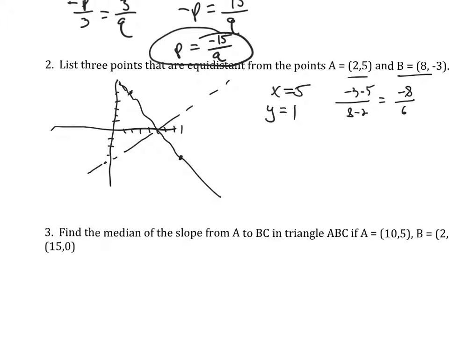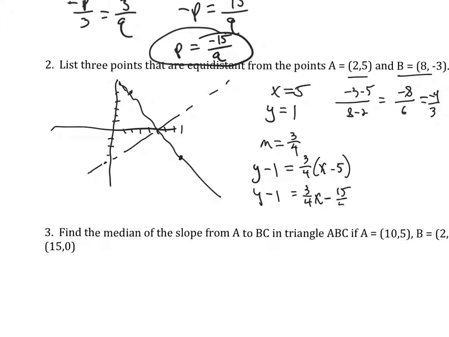So we have a slope of -4/3, and our perpendicular line is going to have a slope of 3/4. It passes through the point (5, 1), so it has the equation y minus 1 equals 3/4 times (x minus 5), or y minus 1 equals 3/4 x minus 15/4.